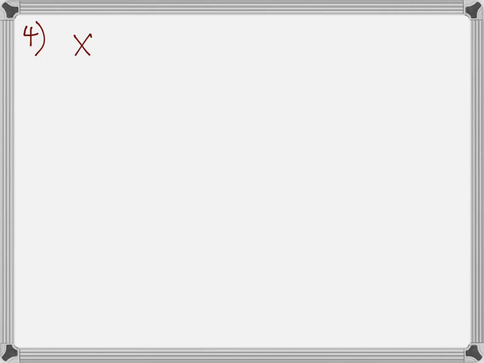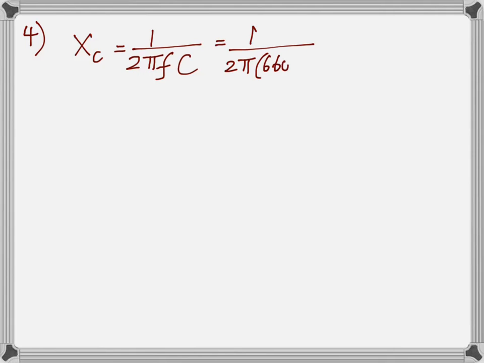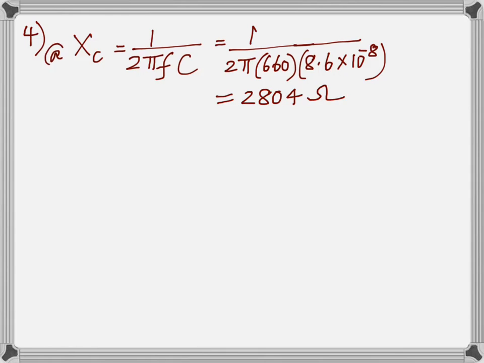Number 4, XC, that is capacitive reactance, is 1 by 2 pi FC. 2804 ohms.